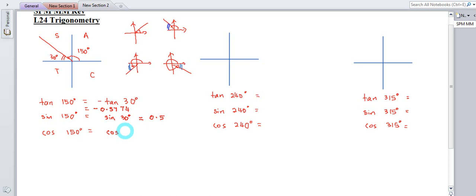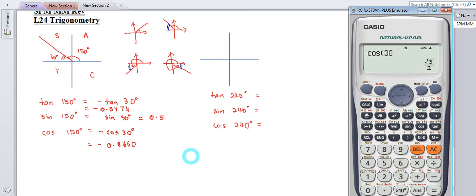Same thing, we write the reference angle first: cosine 30 degrees, but in the second quadrant only sine is positive, so cosine will be negative. Add a negative here. Then you press the calculator, you get negative 0.8660.